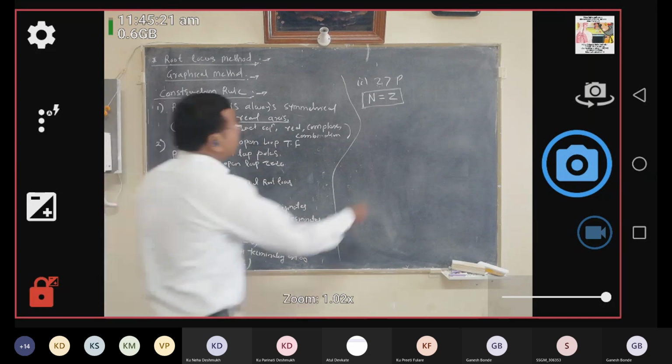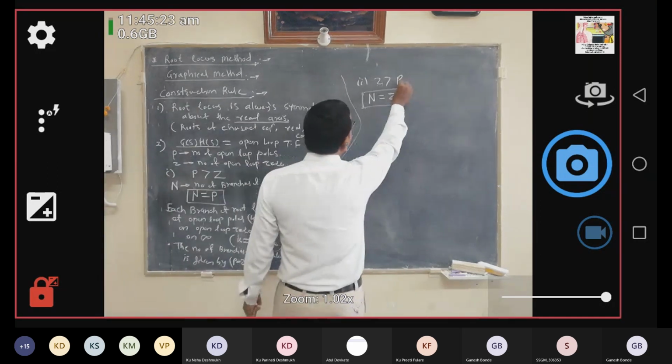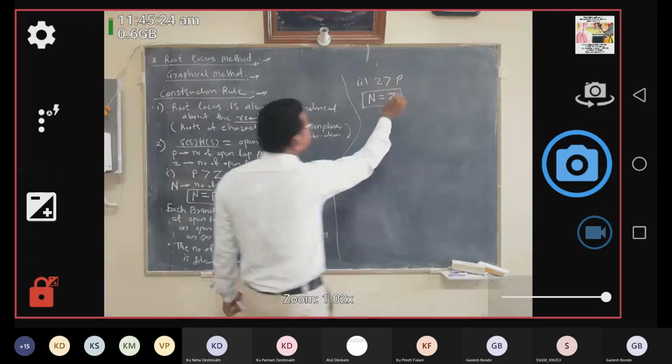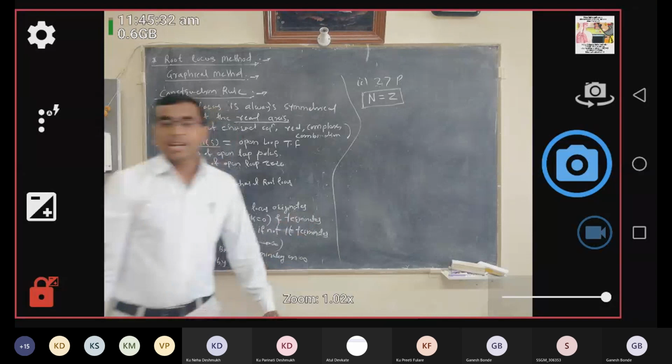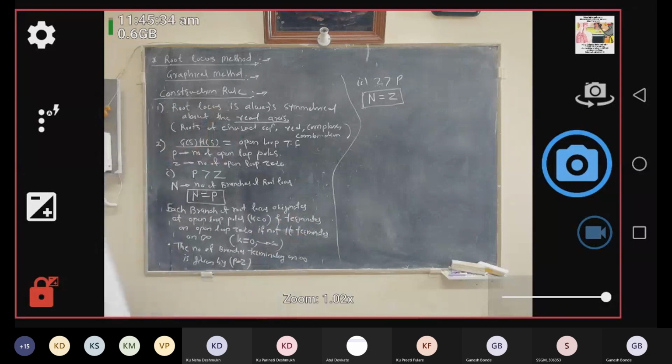But here, as P is less than Z, only P branches will terminate on zeros. The other branches start at infinity and terminate on zeros. How many branches start from infinity and end at zero? It is given by Z minus P.